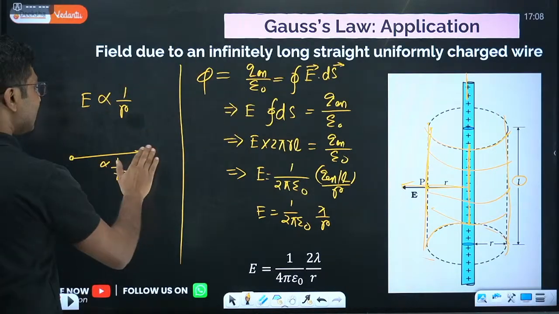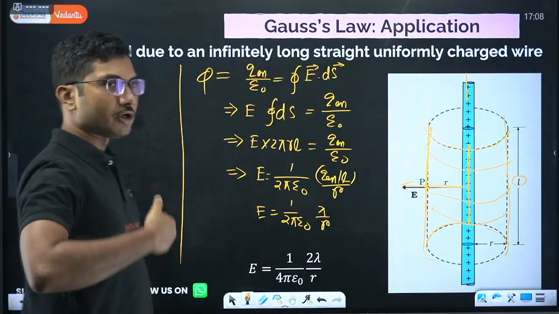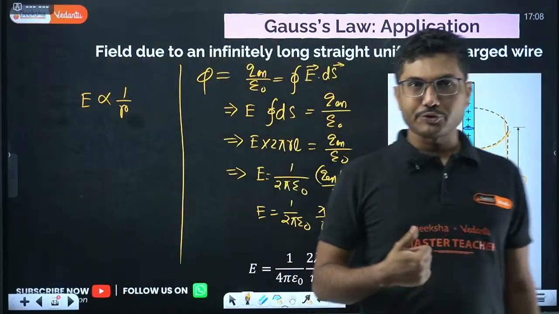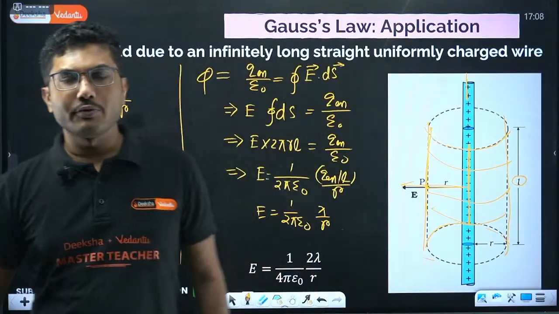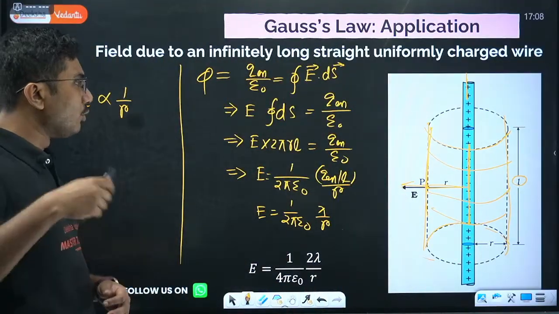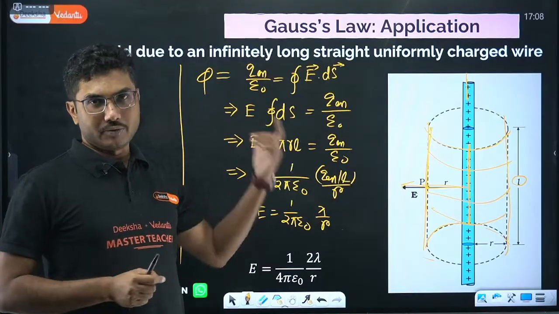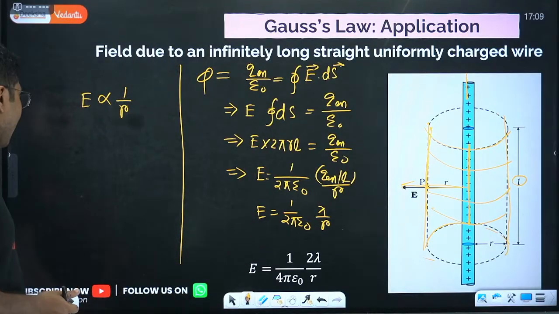But for a line charge, the electric field is not proportional to 1 by r square, it is inversely proportional to 1 upon r only. This is also a point for MCQ objective questions. If you solve your question bank published last year, you will see these kinds of questions there as well.